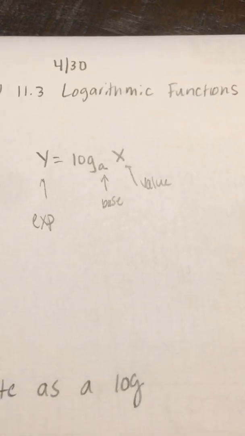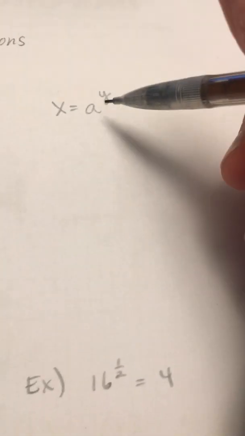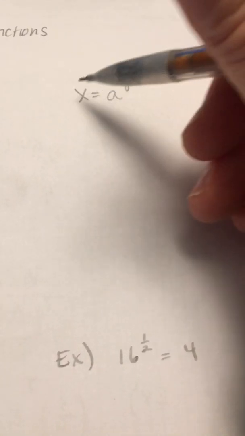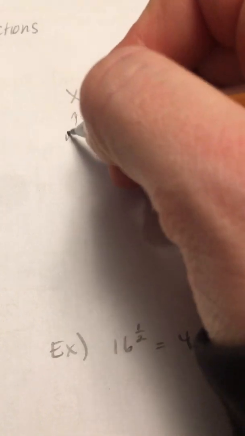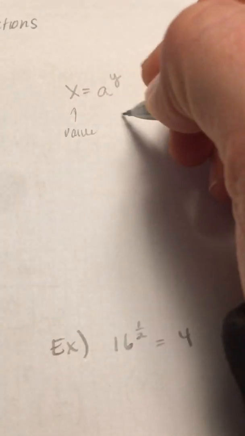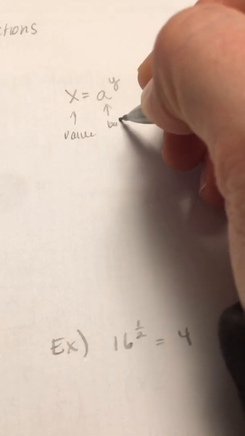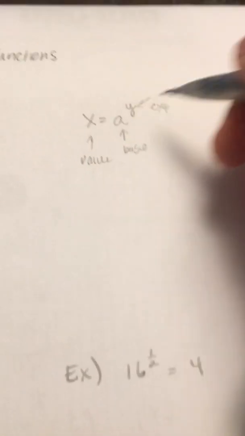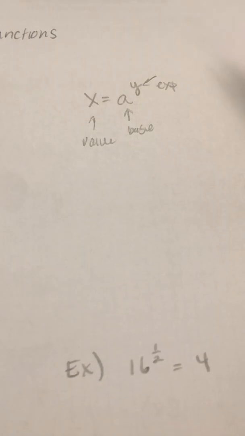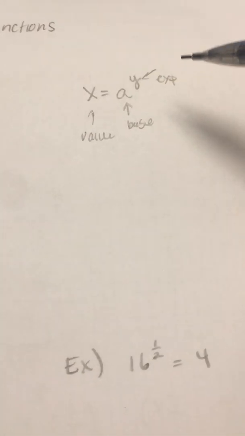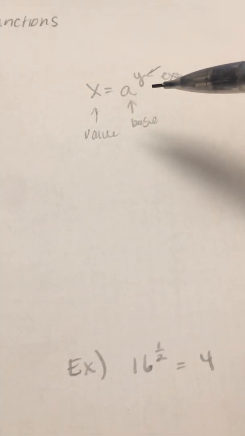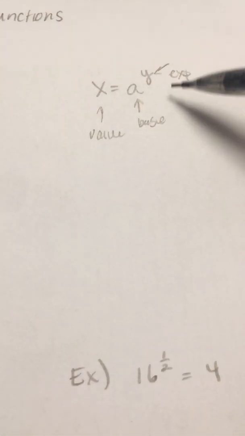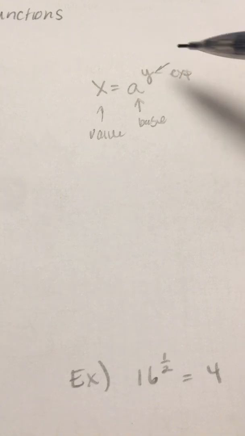So if I want to write this in exponential, we know that an exponential is base raised to the exponent equals a value. I think this piece is pretty clear because we've worked with exponentials for some time now. Not just the 2 days that we did 11.2, but in Algebra 1, in chemistry, even in math this year, we've seen things being raised to a power.